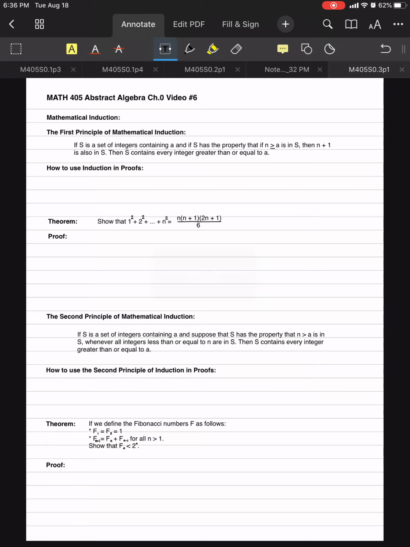So what I'm going to do instead is talk to you about how induction is typically used in proofs, and then we'll do an example, then we'll move to the second principle of mathematical induction.